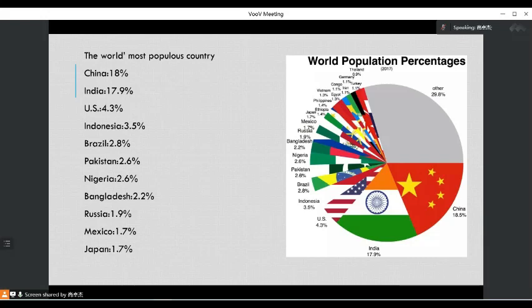Next, let's compare the population of a city in China with a country in the world, and you can understand how large the population of China is.